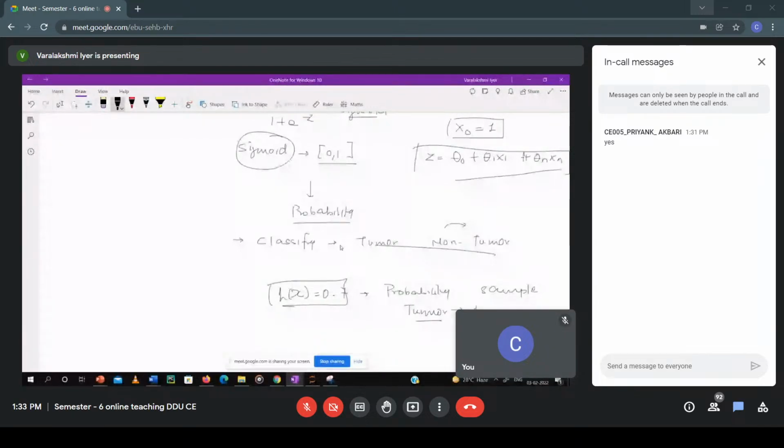So probability of 1 given x is 0.7, and probability of 0 given x would be 0.3, because the total probability is equal to 1.